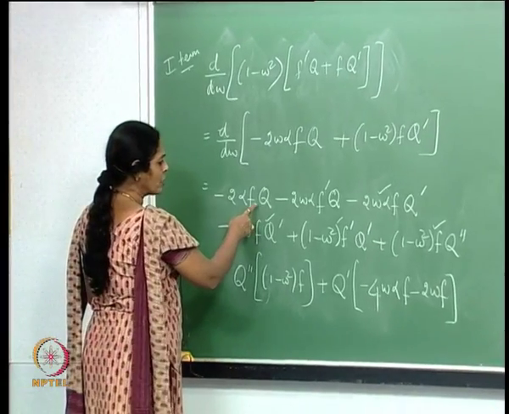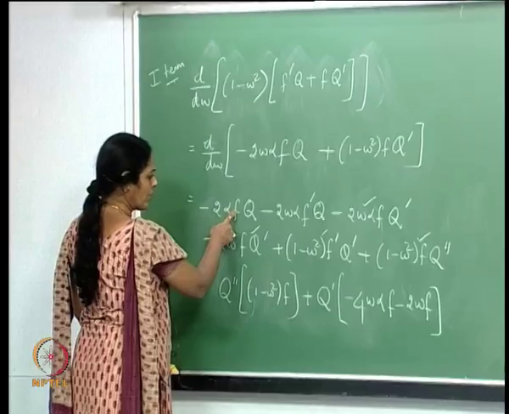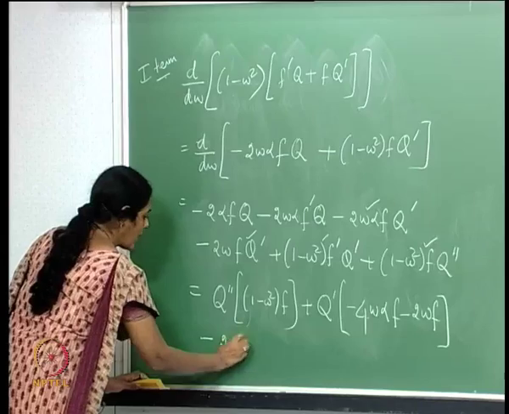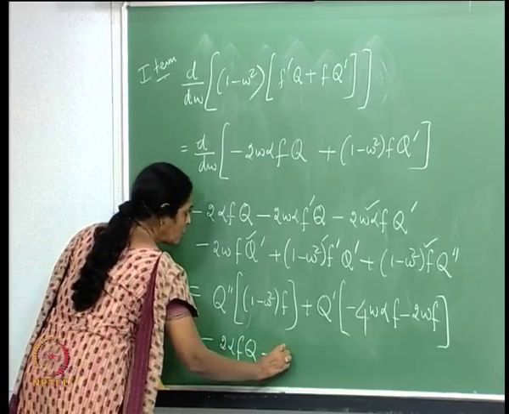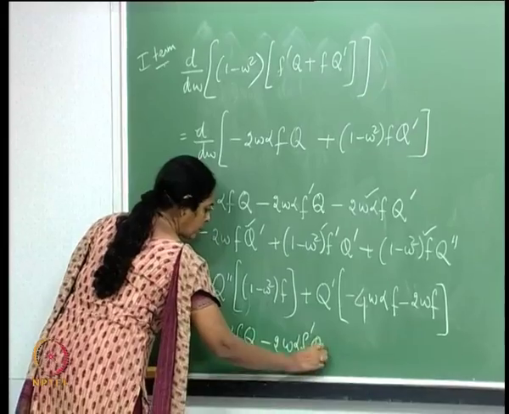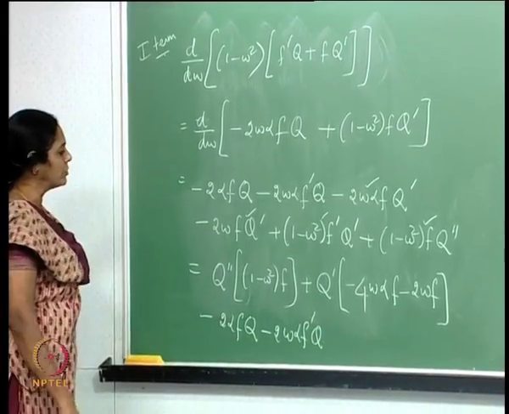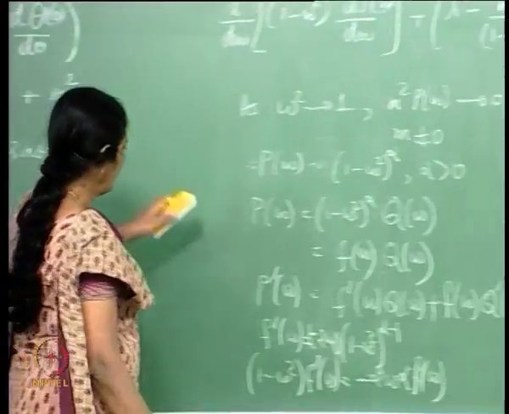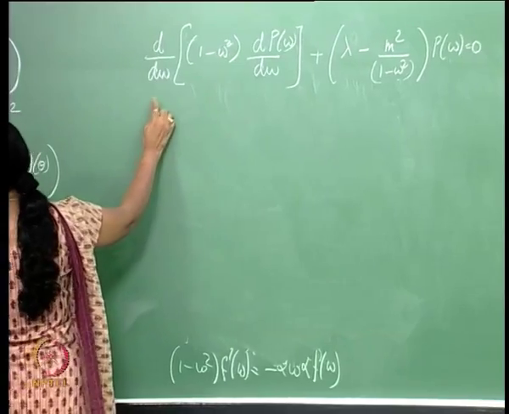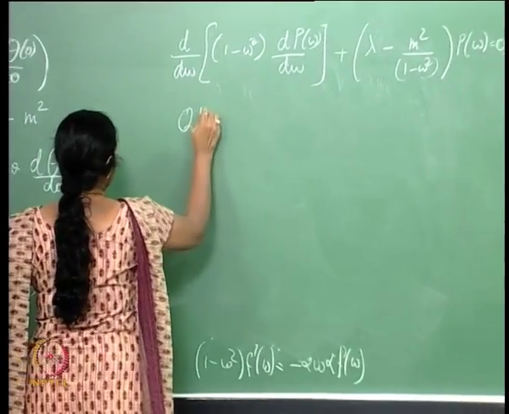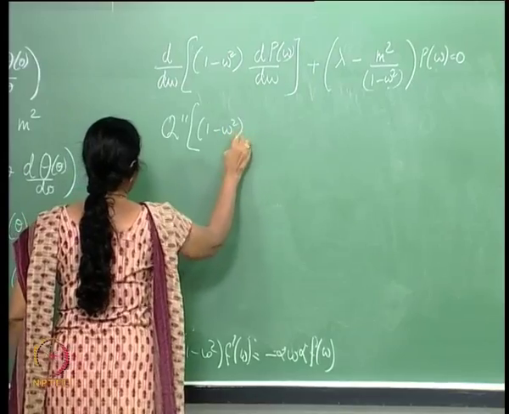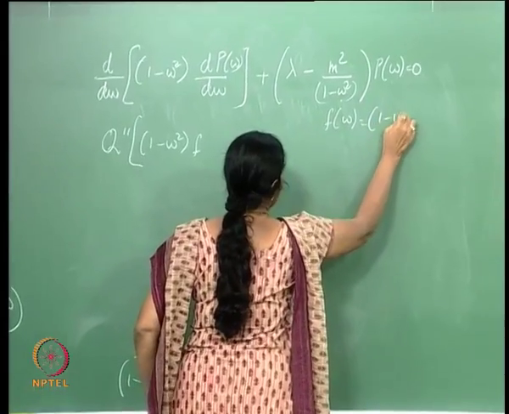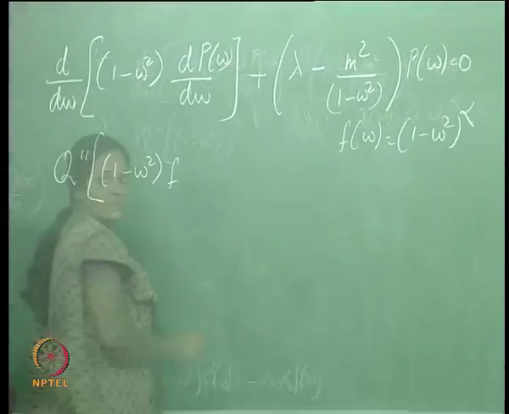Then I have terms which involve q. Well, there is one term here, there is one term there. So that's −2α f q − 2wα f prime q. That's the contribution from the first term. So now I can just add it all up. So this becomes q double prime times (1 − w²) f. Recall that f of w was (1 − w²)^α, where alpha was greater than 0.